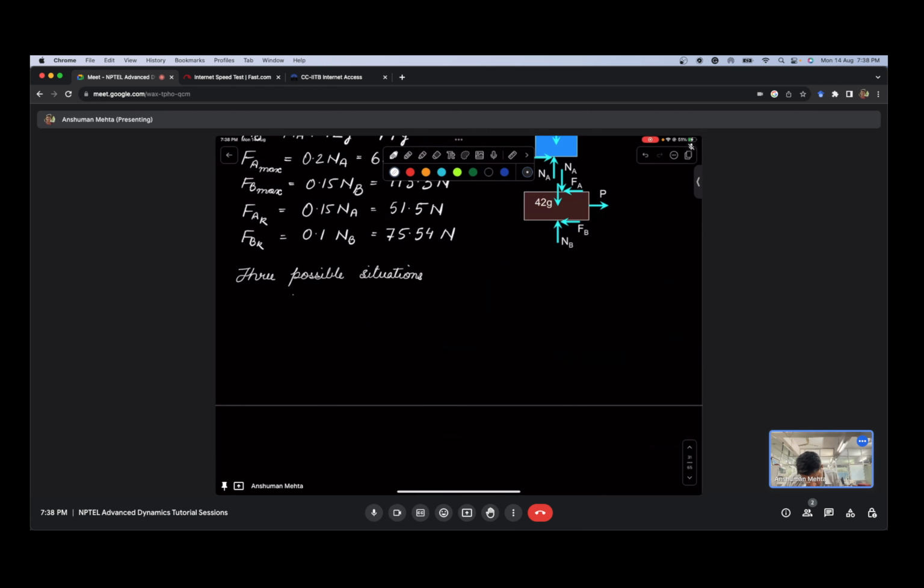So first is no motion, then B as well as A, B and A move together, and B and A move separately.